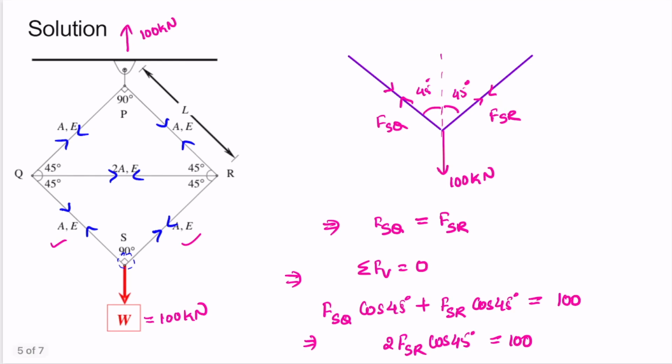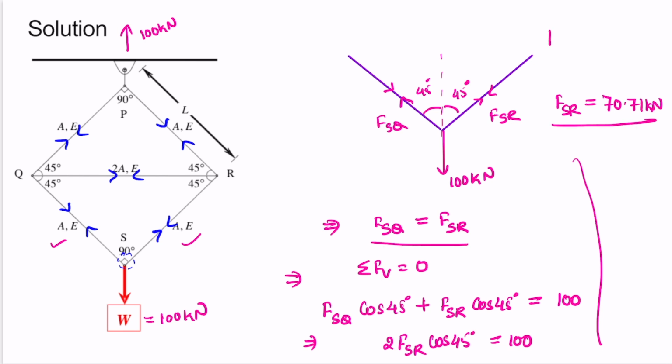From here we get the value of FSR as 70.71 kilonewton. So now we have the value of FSR, and FSR equal to FSQ, so FSQ is also 70.71 kilonewton.